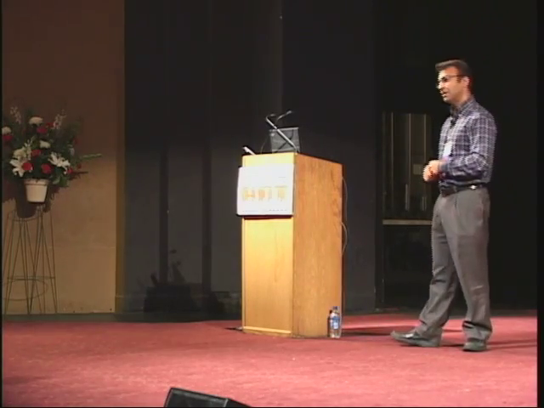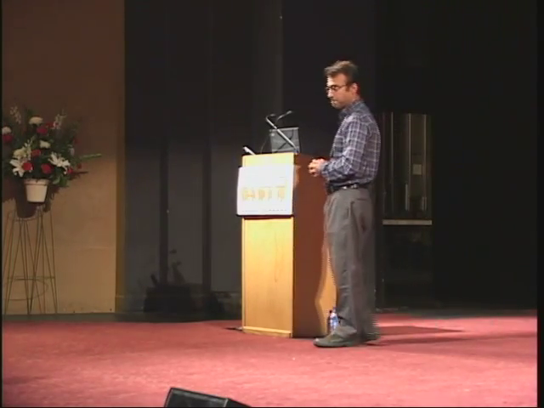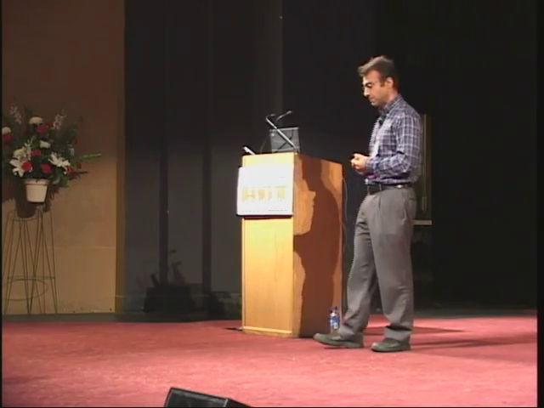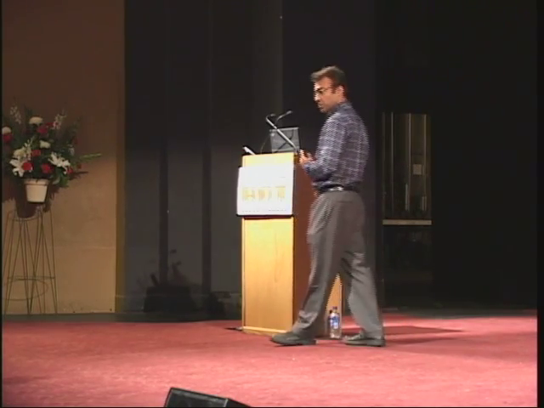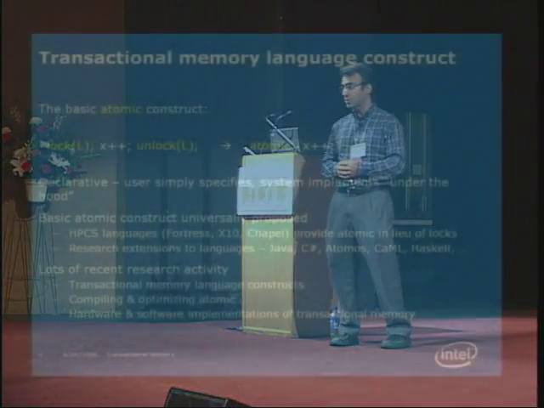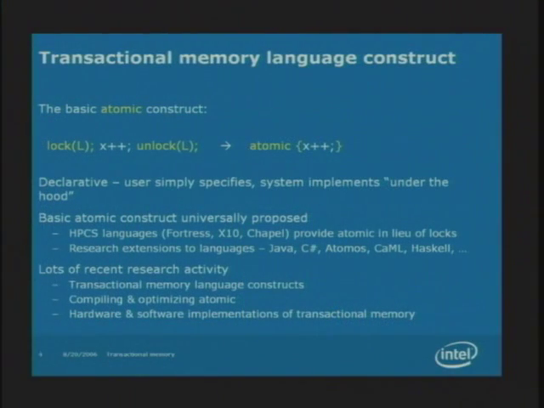There's also been lots of research recently on taking existing languages, such as Java and C#, and adding an atomic construct to them. There's also been research on defining new languages around the concept of transactions, such as the Atomos work done in Christos' group. Now, once you have such a construct in your language, you want to be able to implement these constructs very efficiently.